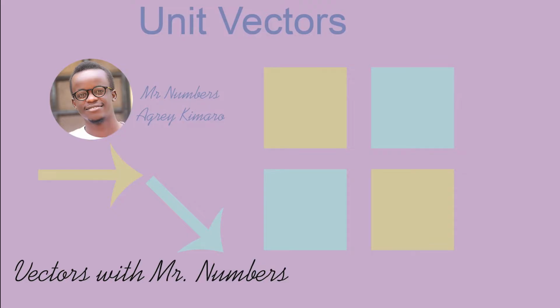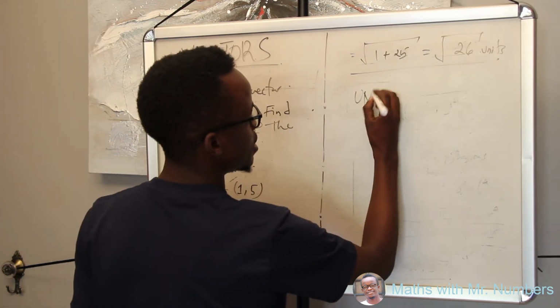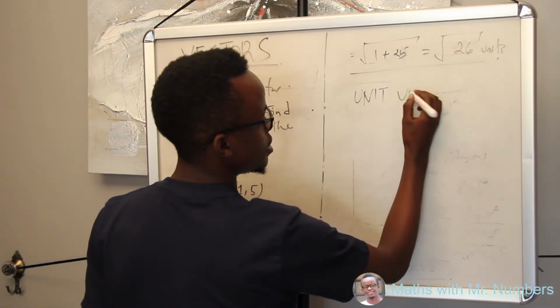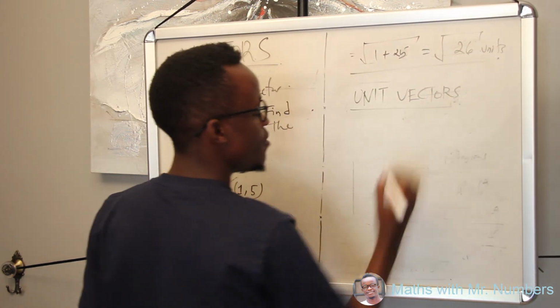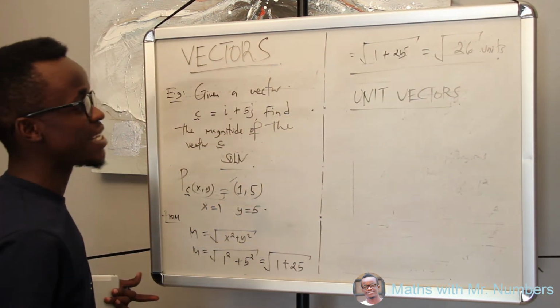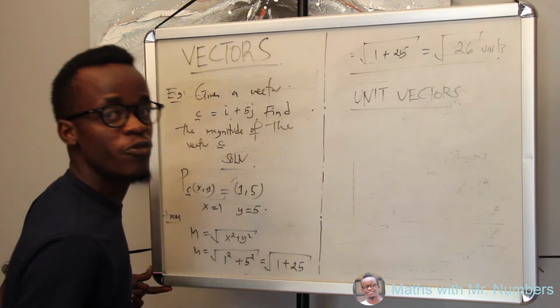After this discussion of finding the magnitude or modulus of vectors, we are also going to discuss unit vectors. By definition, a unit vector is a vector divided by the magnitude of itself.